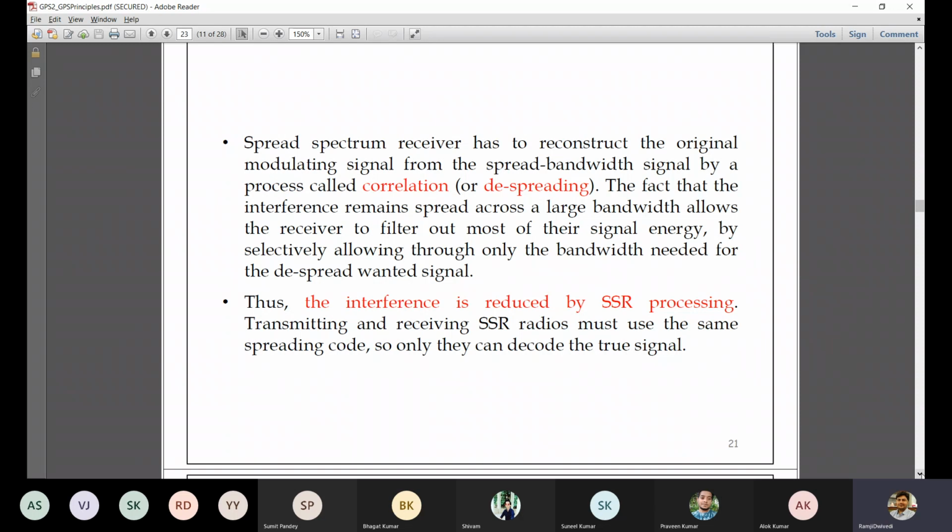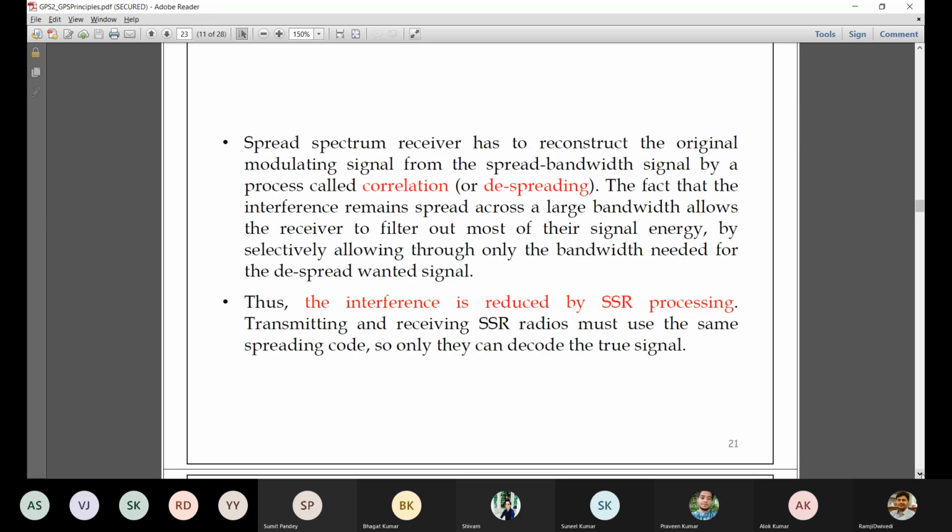Okay, so a spread spectrum receiver has to reconstruct the original modulating signal from the spread bandwidth signal by a process called correlation. So what you are doing is, you have the original signal that is coming from the satellite, you are trying to create a replica inside that receiver, and then you try to find a correlation between these two.